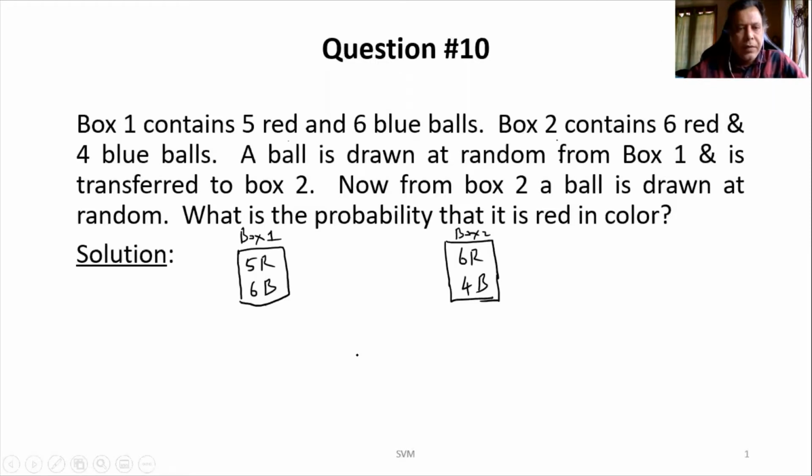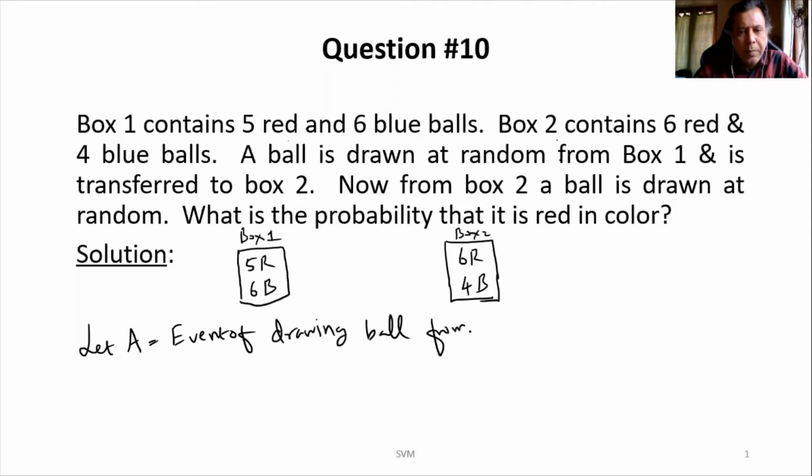Now, the first event, what is happening is a ball is drawn at random from box 1 and is transferred to box 2. So let capital A be the event of drawing a ball from box 1 and transferring it to box 2.